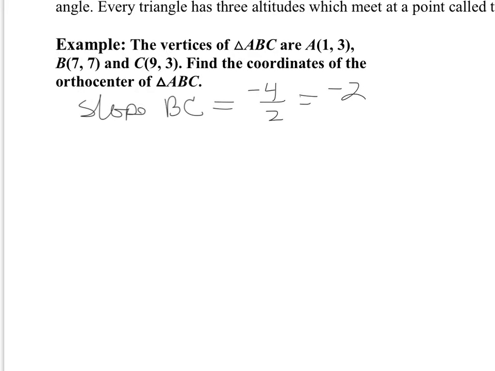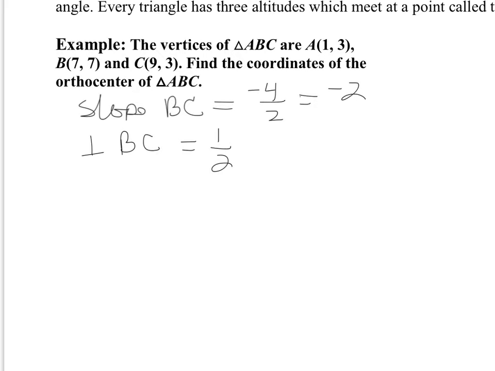Now, I want a slope that's perpendicular to that one. So I want the opposite reciprocal slope. I'll write the perpendicular to BC. The opposite means it's going to be positive, and reciprocal means it's going to be 1/2.